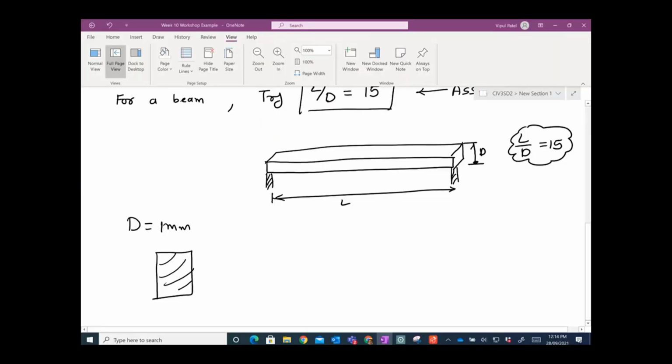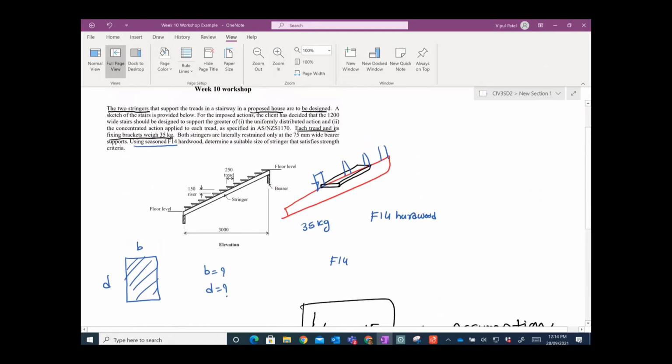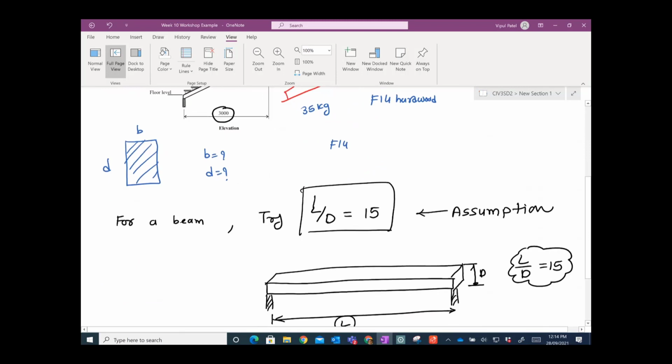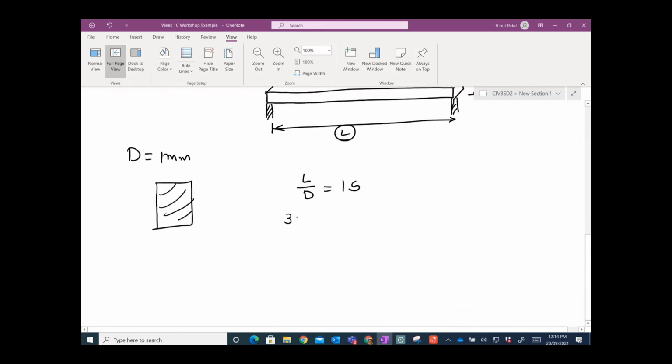Okay, so let's say the length L. Let me find out the length. Length over D equal to 15. Now the length we know is 3000. Someone may say this is not 3000, this is a different length, but this is just approximate, so stay with me.